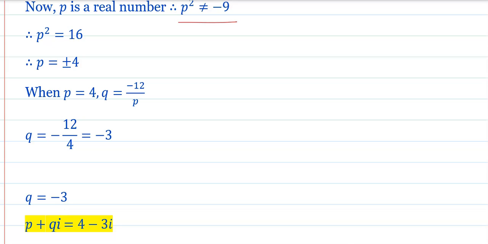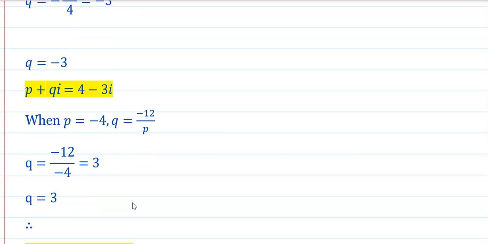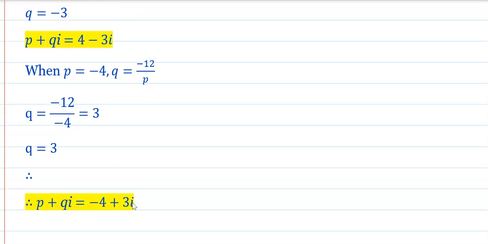And hence p plus qi equals 4 minus 3i. When p equals minus 4, q equals minus 12 upon p. The value of p is minus 4, so q equals minus 12 upon minus 4, q equals 3. Therefore p plus qi equals minus 4 plus 3i.